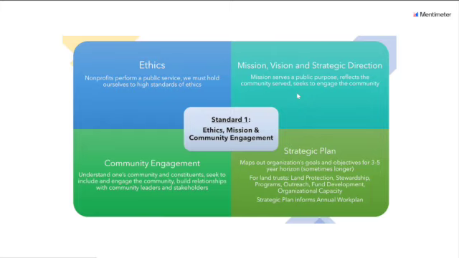And they should be produced by the full board together. So if they eventually derive to a written strategic plan, that's great, but don't shortcut the process just in order to get to something that looks nice on a shelf. It is the buy-in from the board that is really important.